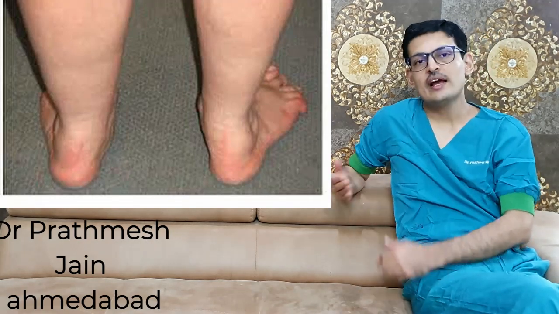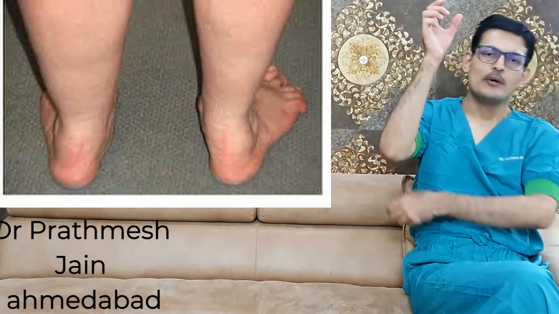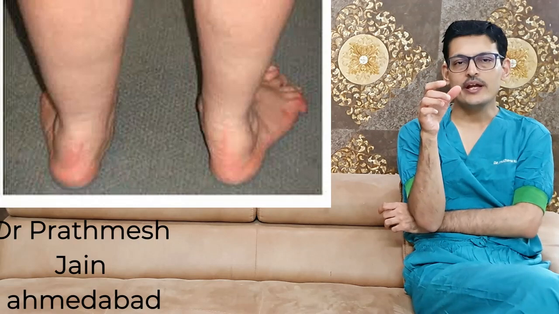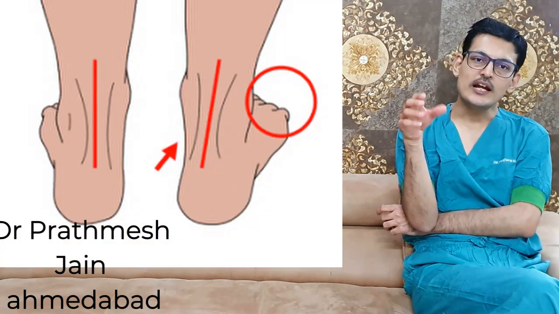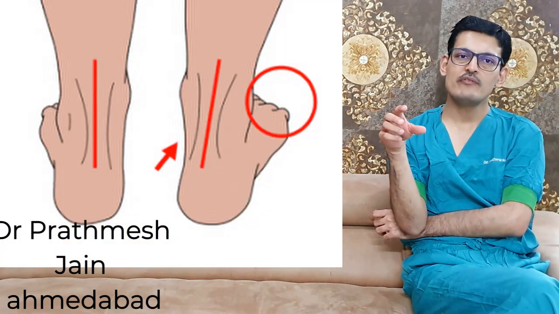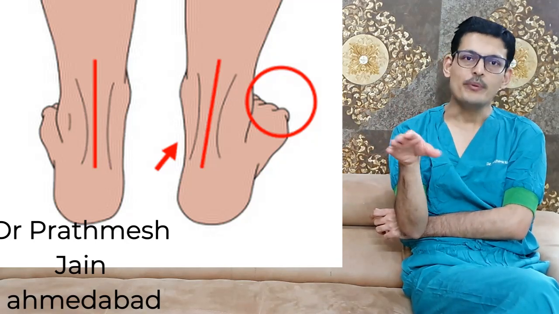Now as the heel valgus develops, there will be a conversion of the posterior cord, that is the tendoachilles, into an everter. So if there is a heel valgus, the tendoachilles will act in the opposite direction and will cause a further increase in the deformity.